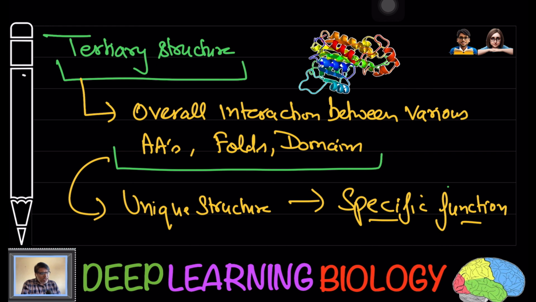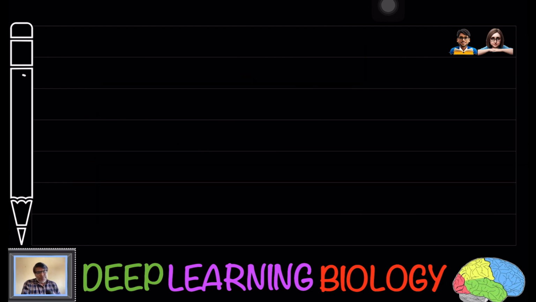You will learn here that if there are proteins which have similar structure, they are also going to have similar function. So the structure of the protein is going to decide the function. Keep in mind why we want to study the structure of the protein, so that we can have an idea about the function of the protein.